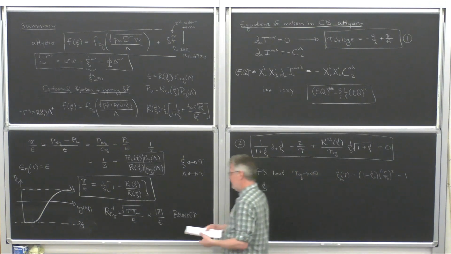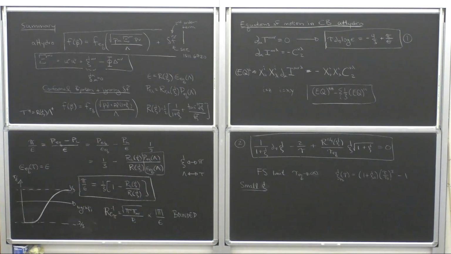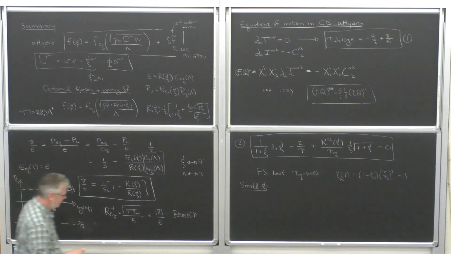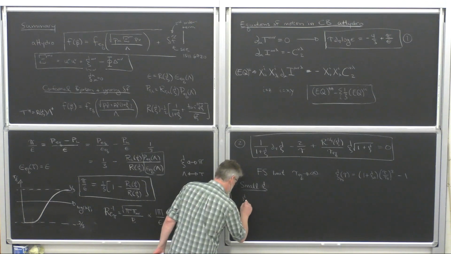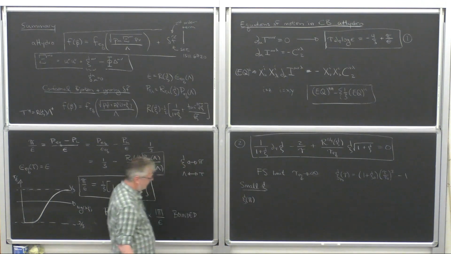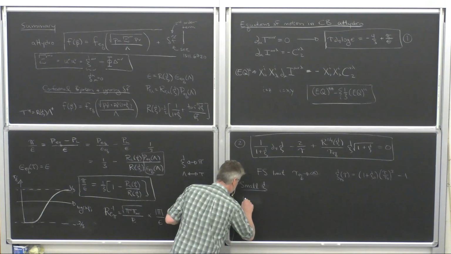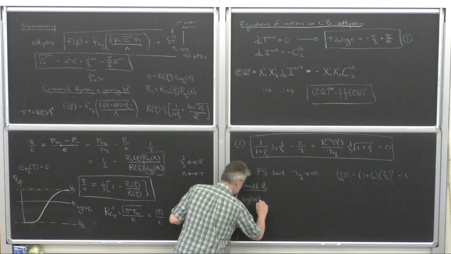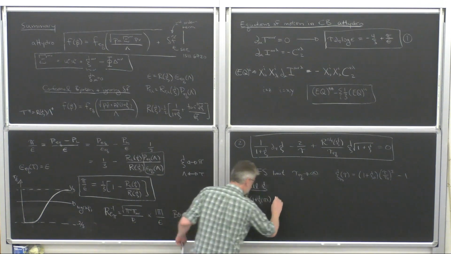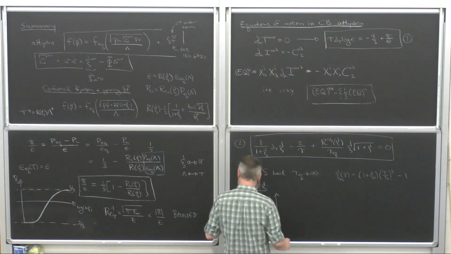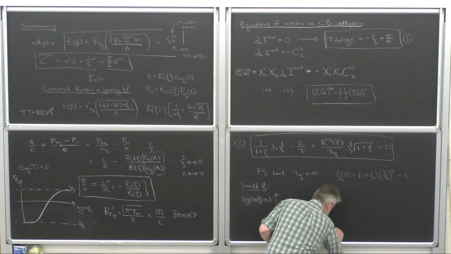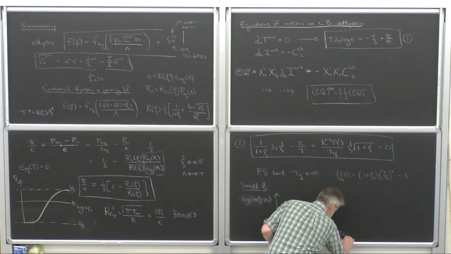For that, I mentioned earlier that you can invert this relationship between C and pi over epsilon to rewrite, or plot if you like, 1 over C as a function of pi.